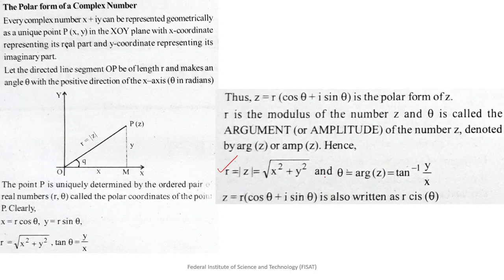And theta is given by tan theta equal to opposite by adjacent, y by x, so theta equal to argument of z, otherwise called amplitude, equal to tan inverse y by x. In some questions you will be asked to convert it into modulus amplitude form. It is nothing but this polar form, modulus given by r and the amplitude or argument given by theta.